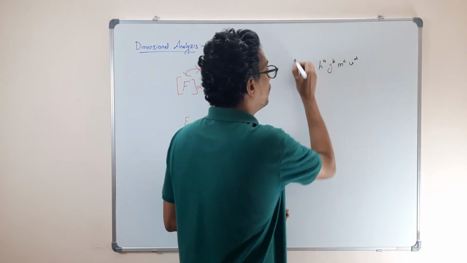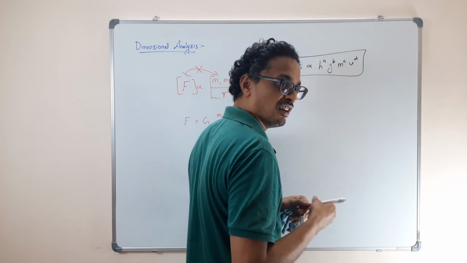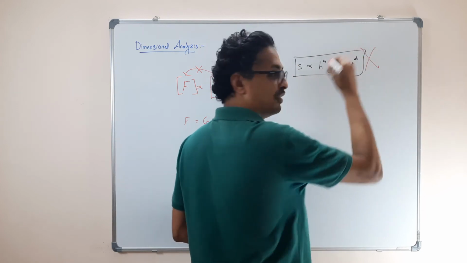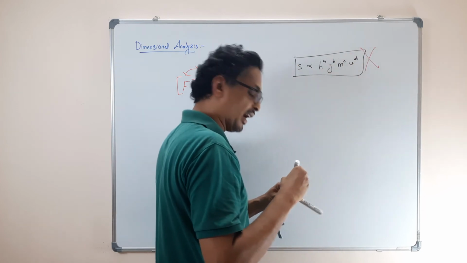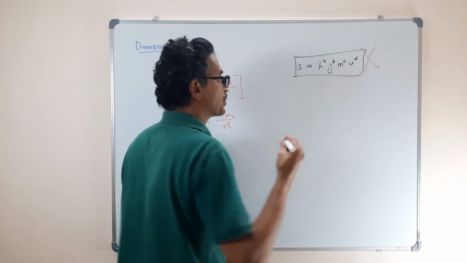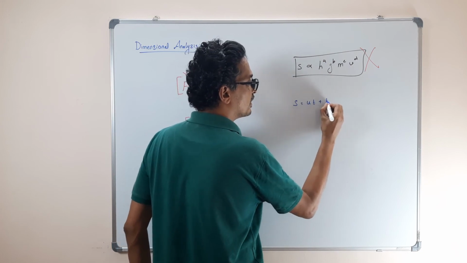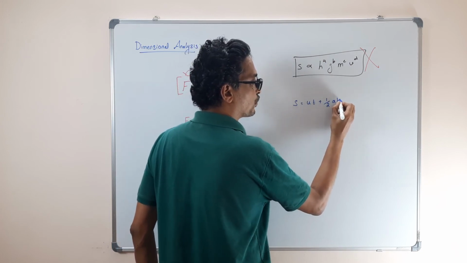If you try to do this dimension problem, you will get it wrong. Because your actual equation is S equals ut plus half at square.